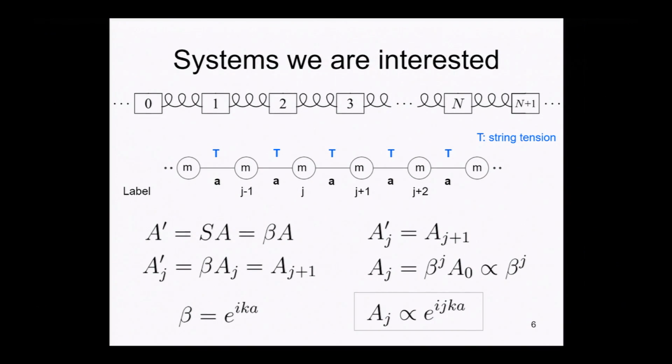So that's again the same length scale which we were using. And finally, in order to describe all those little masses in this system, I label them as J, J plus 1, J plus 2, etc.